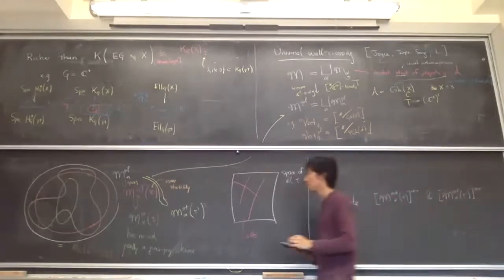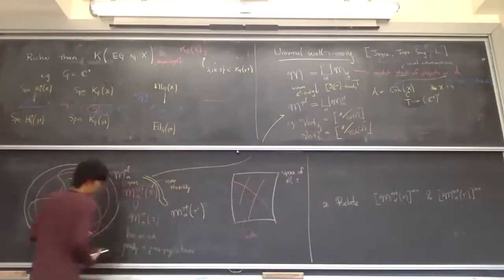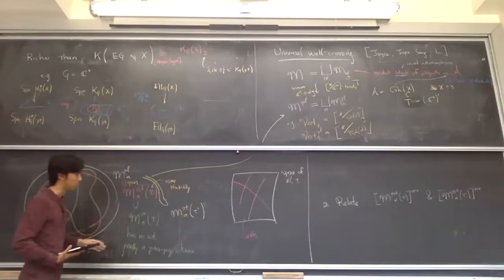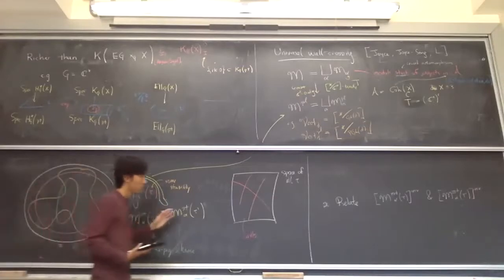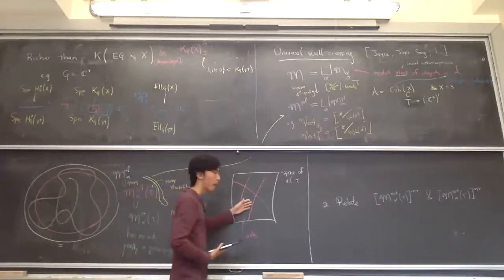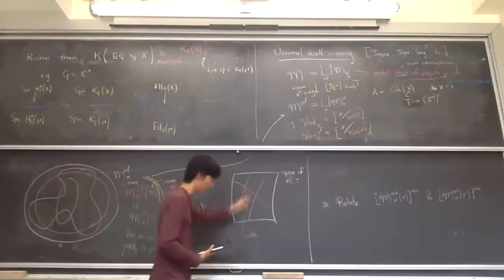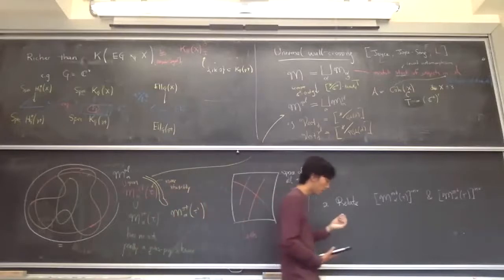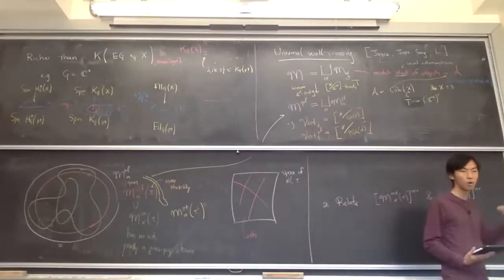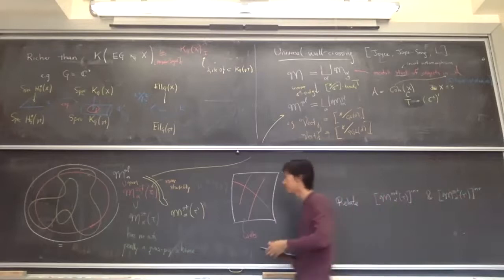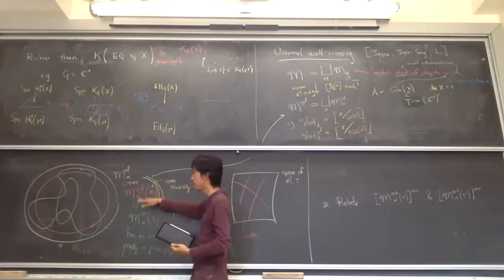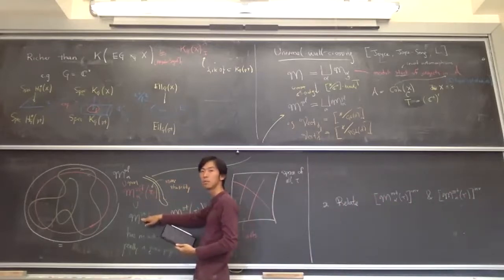First of all, if you want to study how the stable loci change as you cross a wall, generally you're going to have to understand what happens exactly on the wall when your stability condition really lies on one of these walls. And there, you really pick up objects with extra automorphisms, like strictly semi-stable objects, things which are in the semi-stable locus, but which are not in the stable locus.